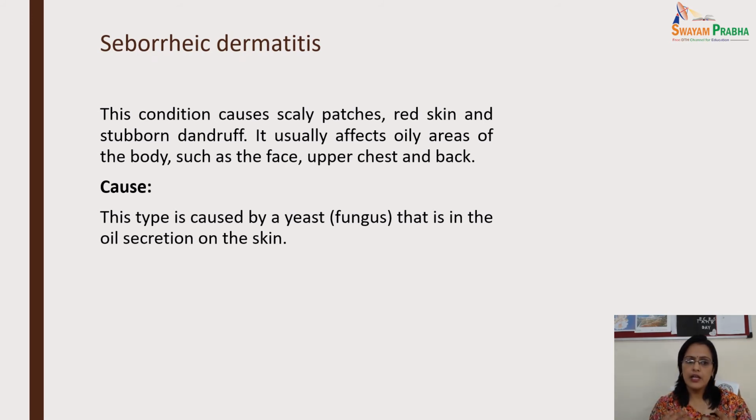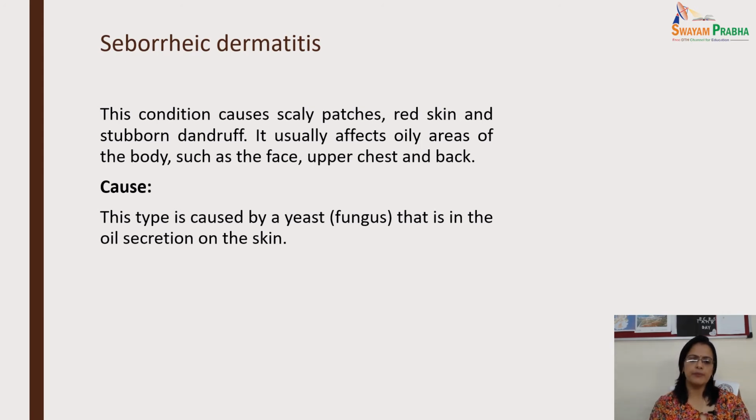Next is seborrheic dermatitis. This condition causes scaly patches, red skin and stubborn dandruff. It usually affects the oily areas of the body such as the face, upper chest and back.